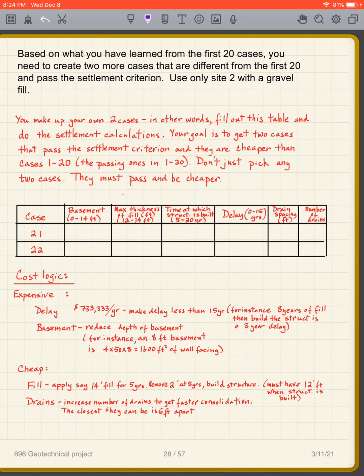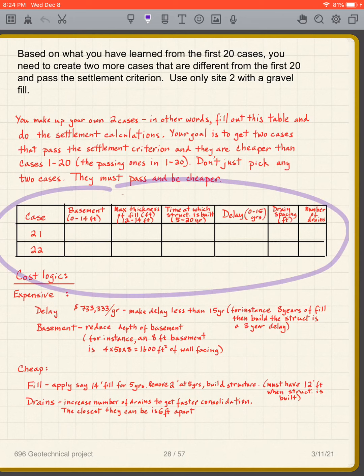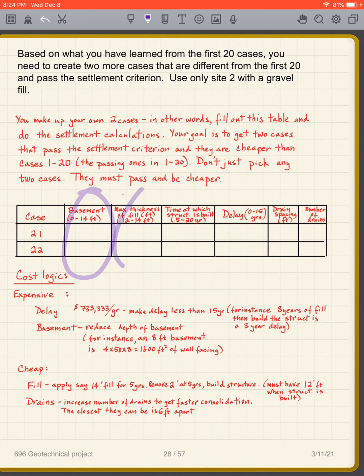And so you're going to fill out this table where you choose your own basement and your own maximum fill thickness. In other words, don't stick with what we had. The basement can be 0 to 14 feet. I'm not limiting you to 10 feet. The fill thickness can be 12 to 14 feet.